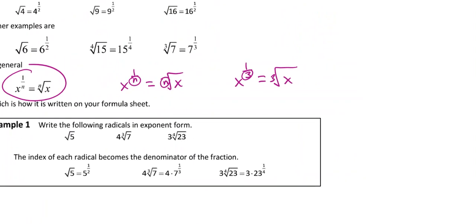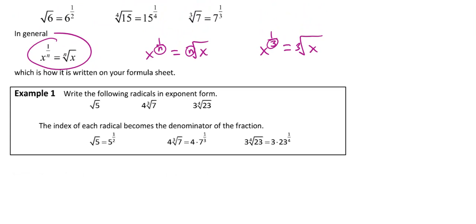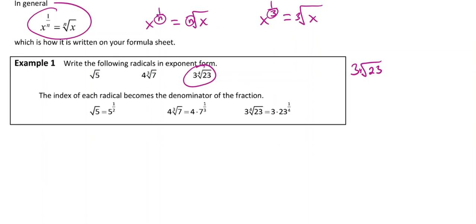Let's do another example here. I'm just going to pick one of these for the sake of time. Let's pick this one. If we had 3 times the 4th root of 23, and it said to write that in exponential form, that just means with an exponent. This 3 up front just means 3 times that, so that's going to still stay there.